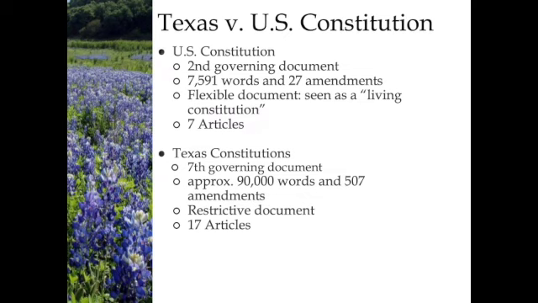The idea is to stop government from doing too much. Remember, in the first chapter of Texas government, the talk is about limited government and keeping the power with the people. That's why it's so restrictive. And we have 17 articles in our Texas Constitution. So there are some key differences there.